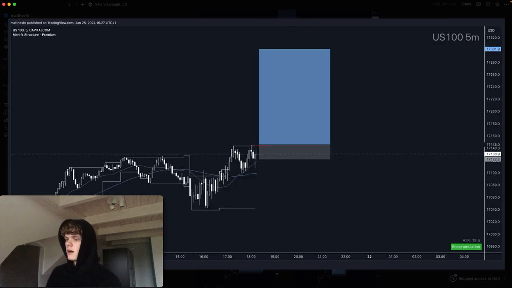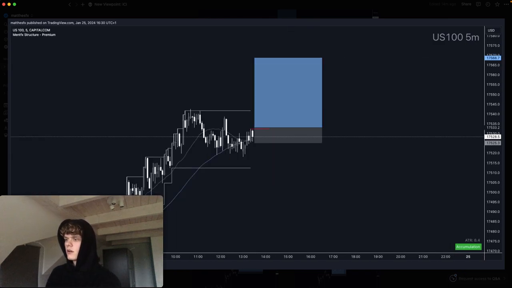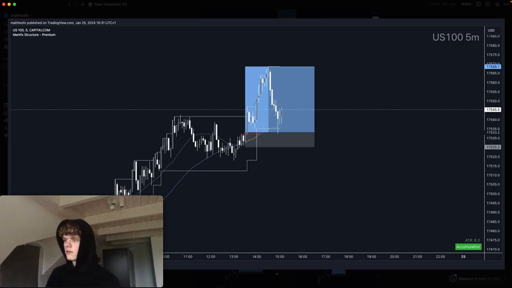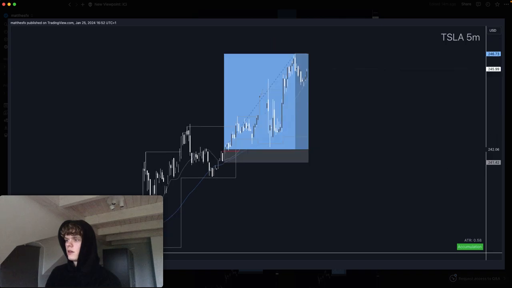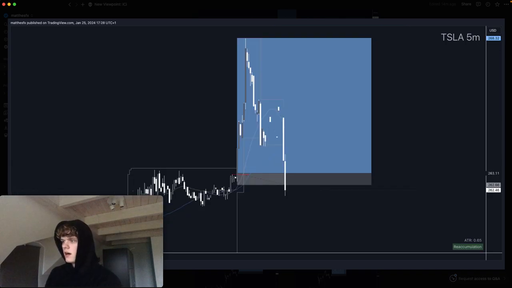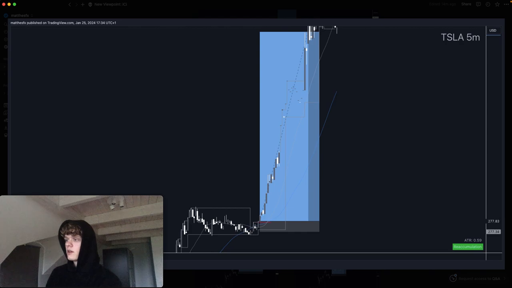But these we can just quickly flick through. These are the setups that I want to take. You can pause if you want to look at them. This is the before and after picture, before and after picture, before and after picture. Of course, I'm only journaling wins, so that I get used to seeing setups run and what setups make the move.